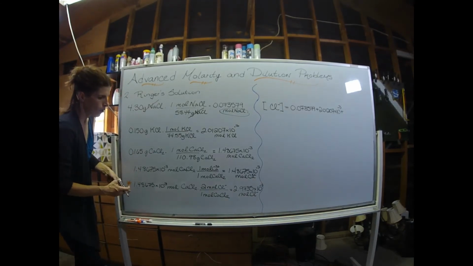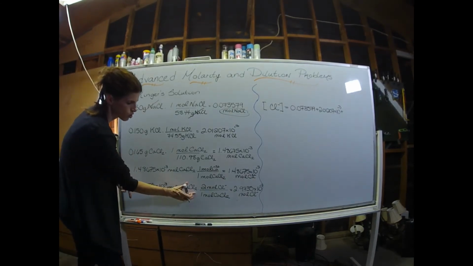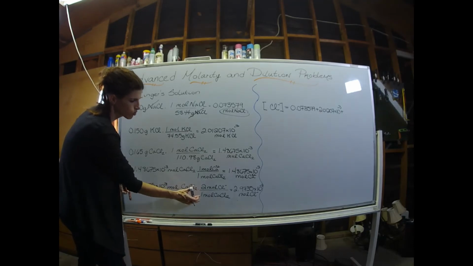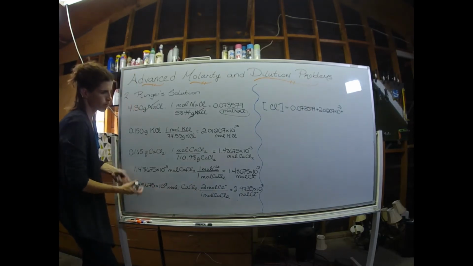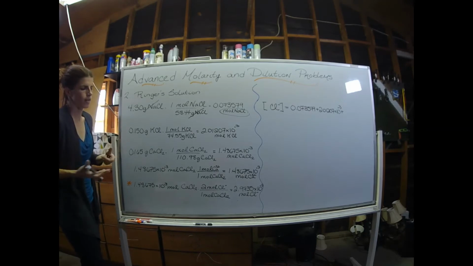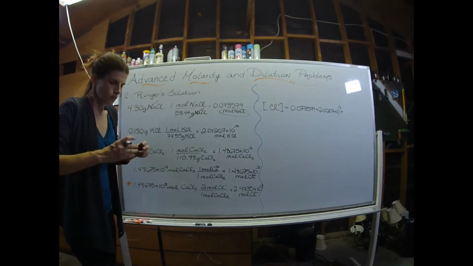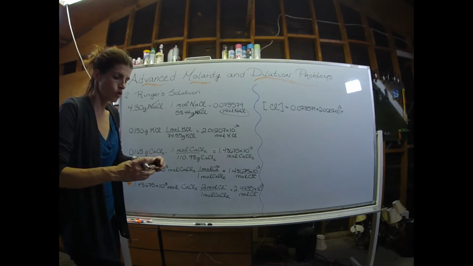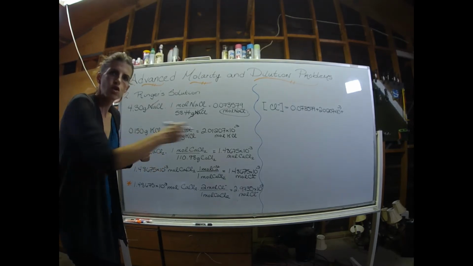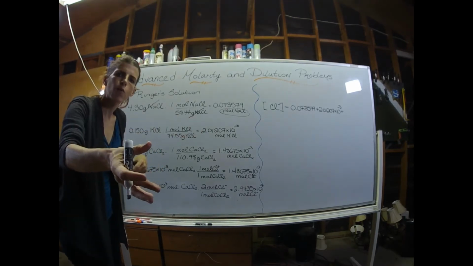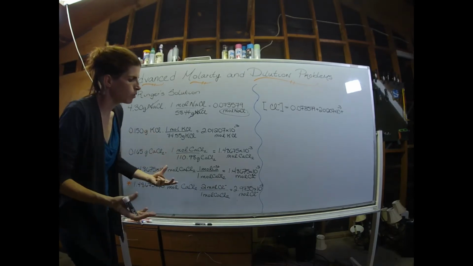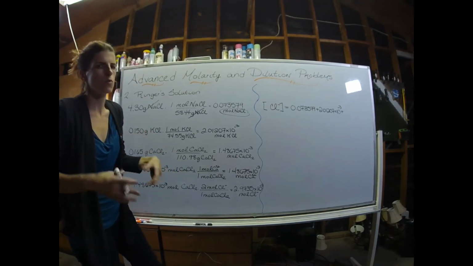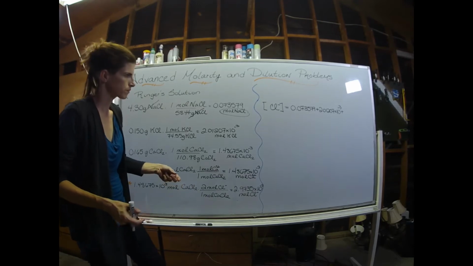The chloride, however, since there's a subscript of 2, I need to do a 2-to-1 ratio with respect to the calcium chloride as a whole. Basically, if you put 1 unit of calcium chloride into the solution, 2 chlorides are going to come off of that 1 unit. So you're doubling the molar quantity when it starts breaking up.